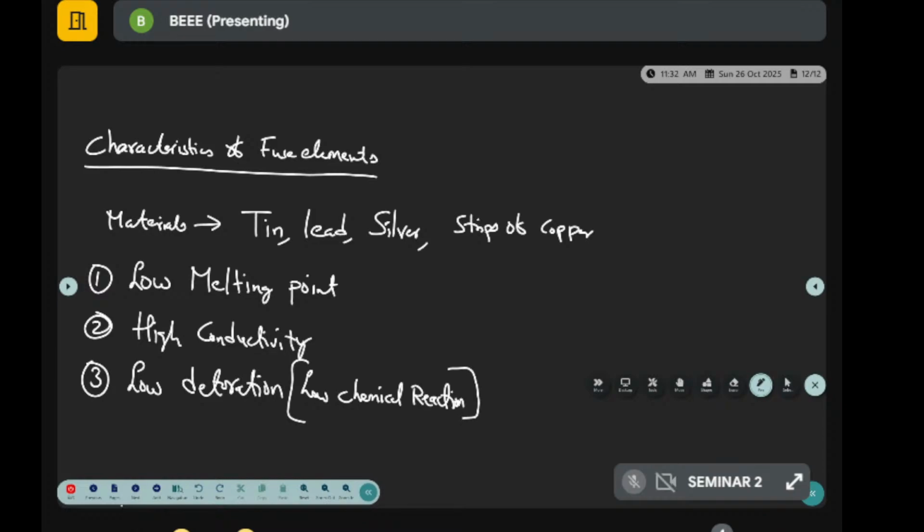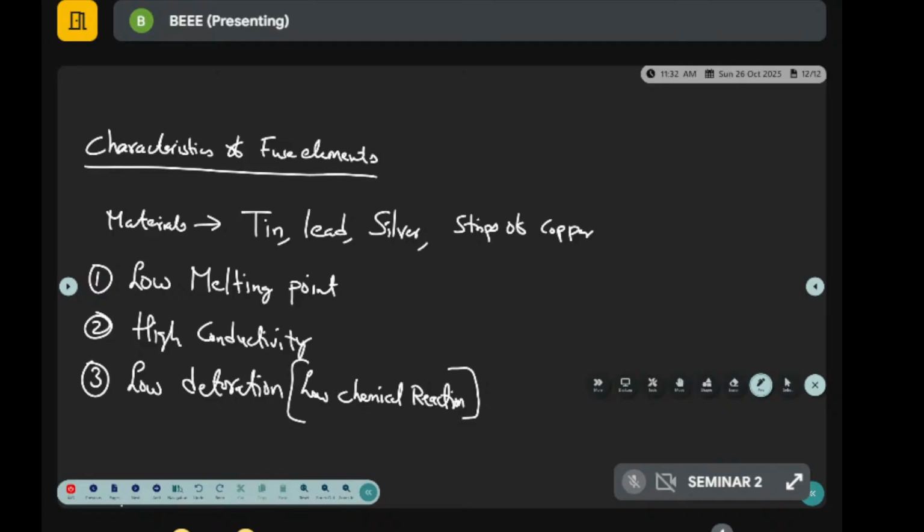So what do you mean by low deterioration? Deterioration means that the fuse wire must not react with the air. It must have low deterioration. It means low chemical reaction.